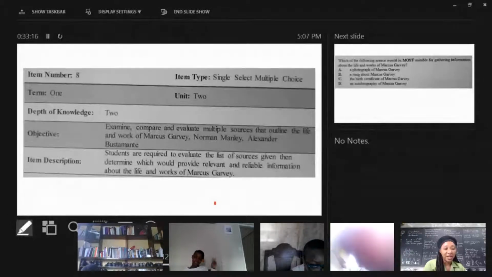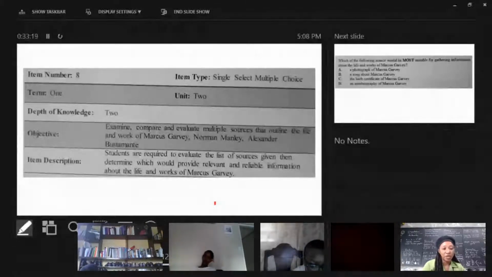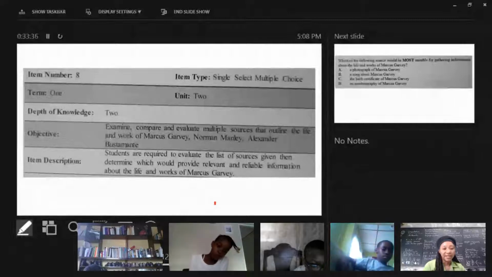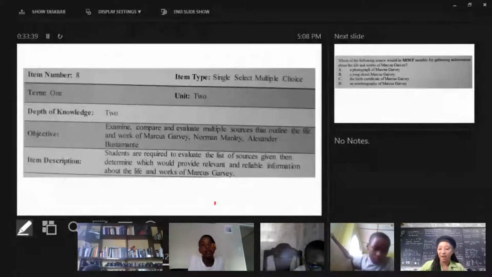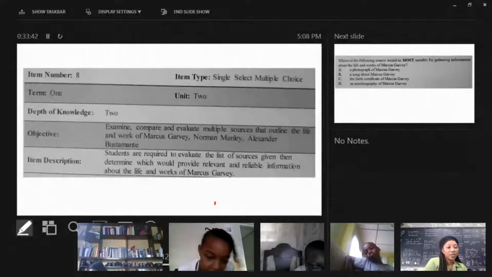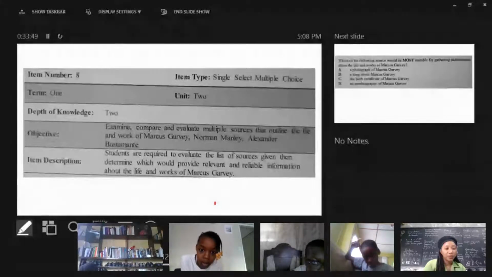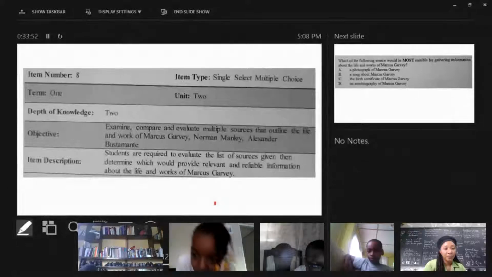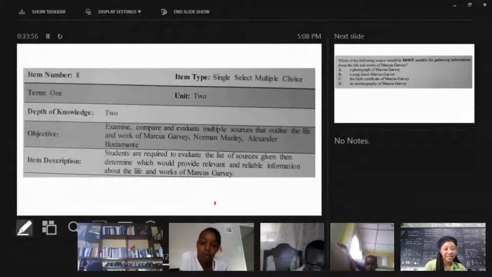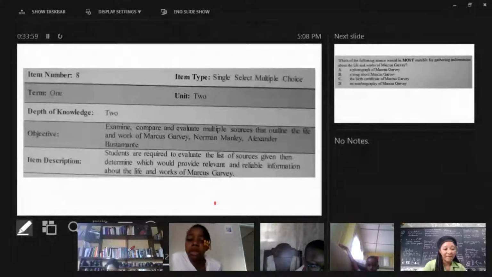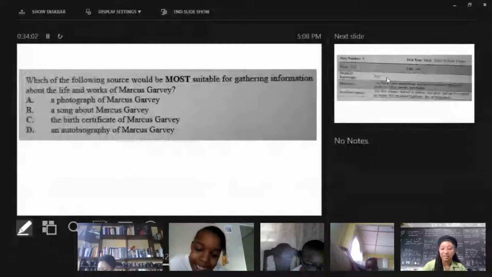Students are required to evaluate the list of sources given, then determine which would provide relevant and reliable information about the life and works of Marcus Garvey.